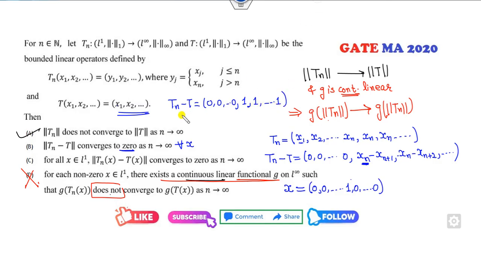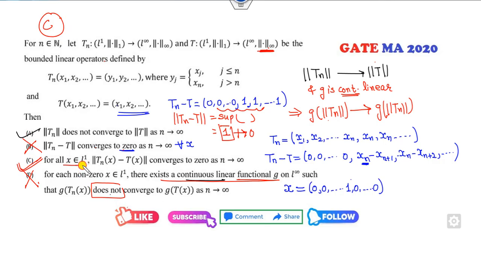Then what is the norm of this? The norm is again the infinity norm, so what is the supremum of this value? It will be 1. So you can see Tn converges to 0, but the norm is not 0. So this option is again cancelled. The only option left, C, is the right answer for this problem.